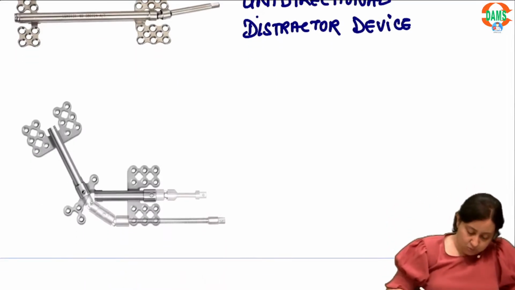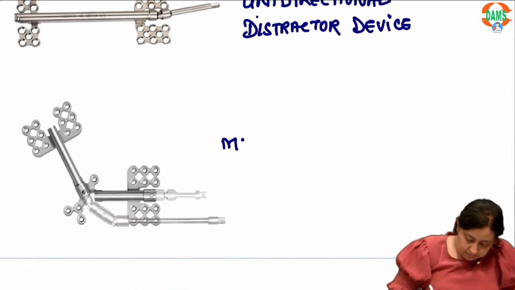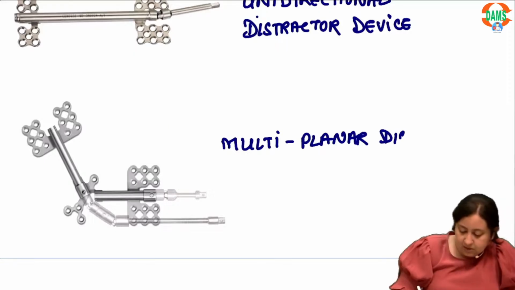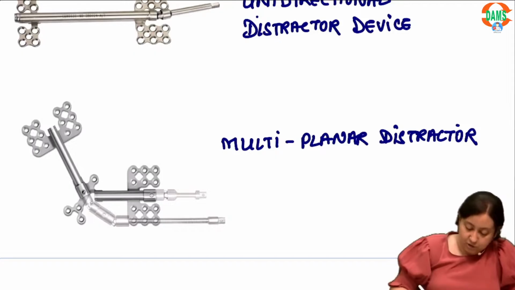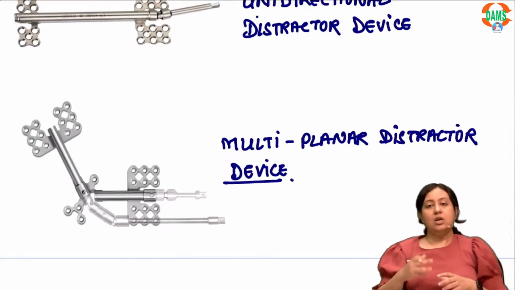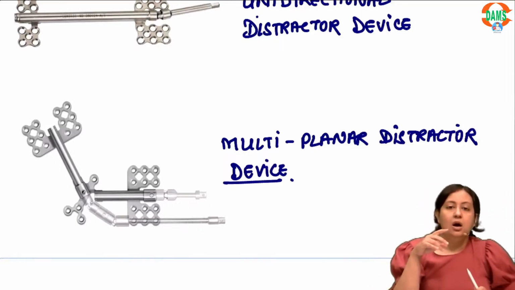The second one here is a multiplanar distractor device. That means it can distract in more than one direction. In a multiplanar distractor device, you can again have two types.